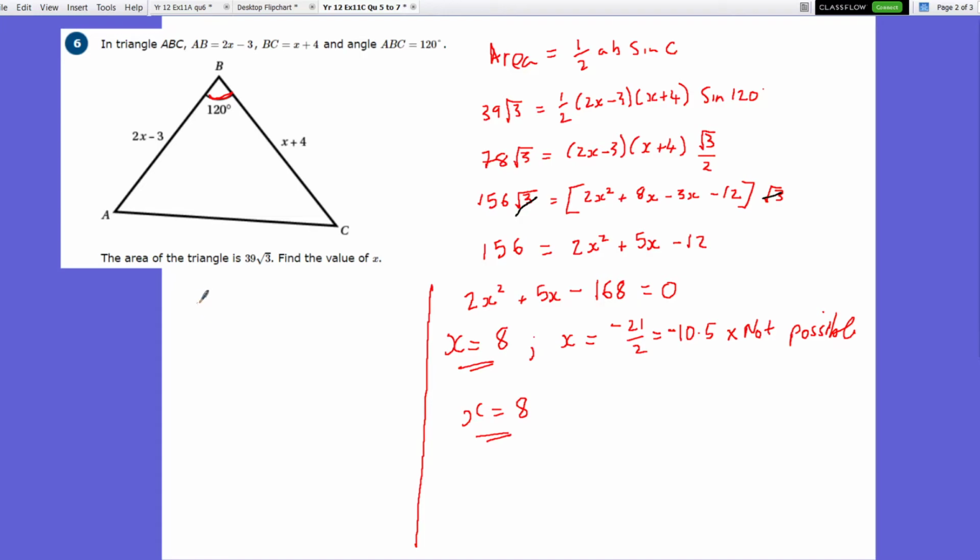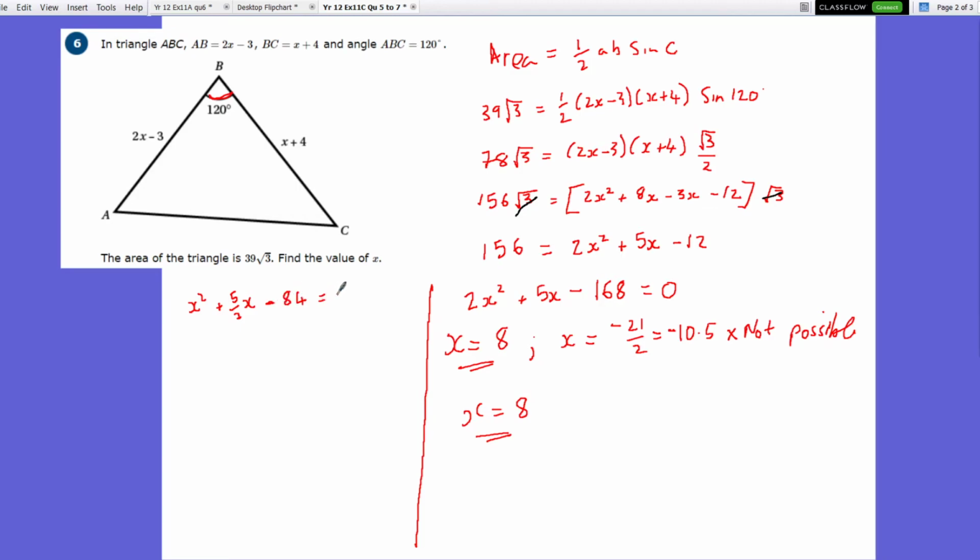So if I divide everything by 2, I'll end up with x squared plus 5 over 2 x, and 168 divided by 2 is 84, minus 84 in this case.